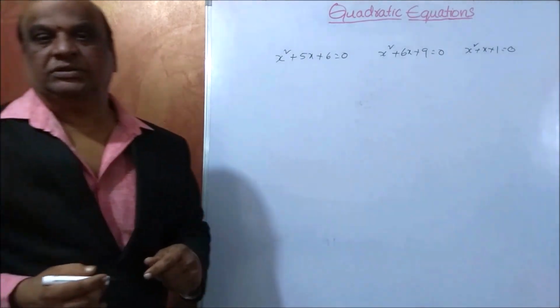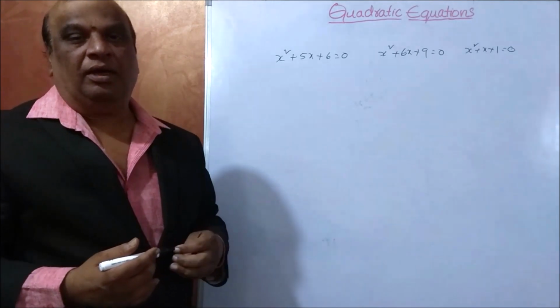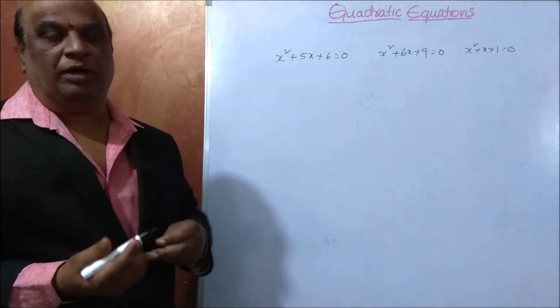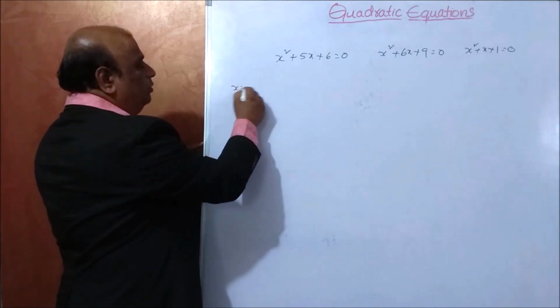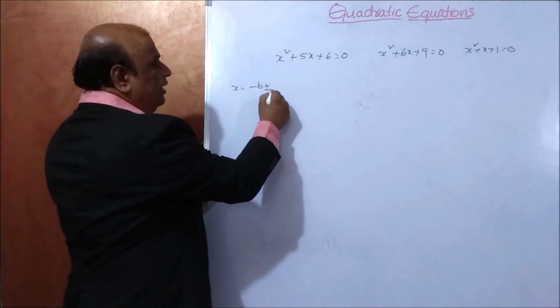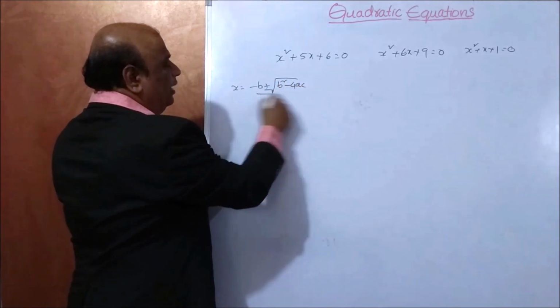Three equations. If we observe these three equations, already we discussed the formula, x is equal to minus b plus or minus root of b square minus 4ac by 2a.